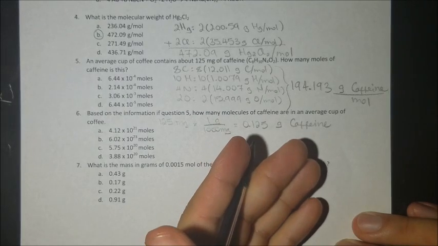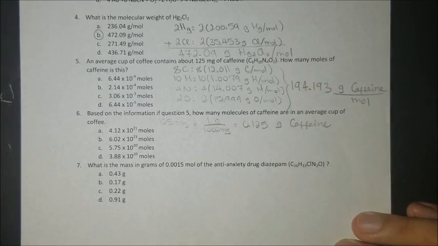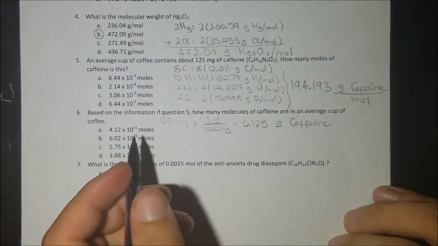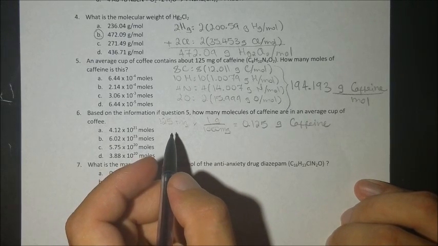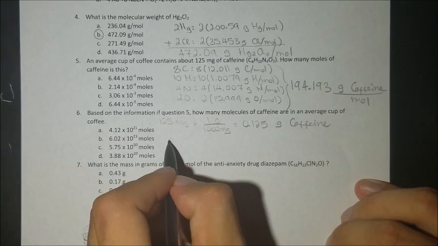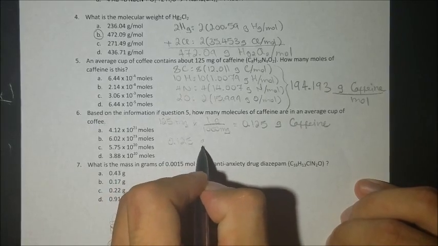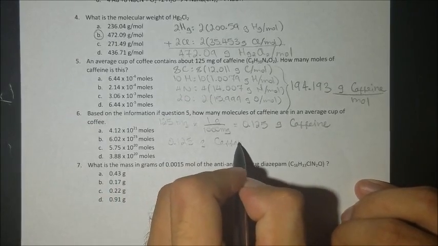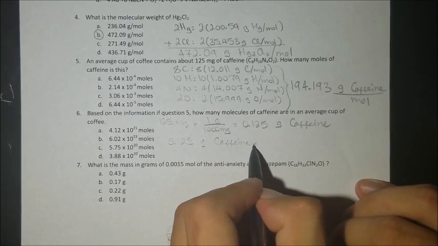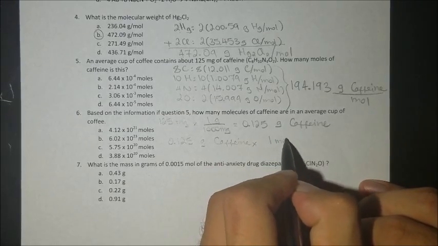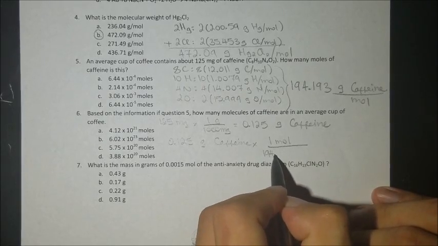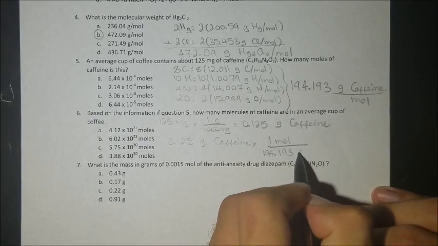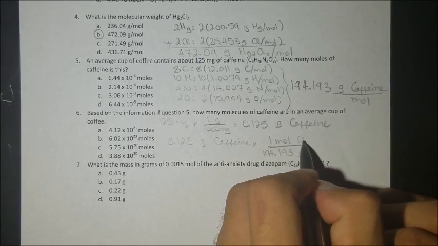Having this many grams and knowing how much a mole weighs, I can now figure out how many moles I have. So I would go about it like this. I've got 0.125 grams of caffeine, times for every 1 mole, I have 194.193 grams. So that's a mole of caffeine.